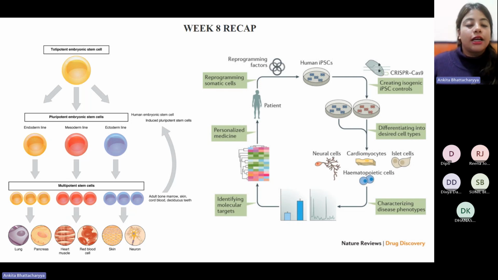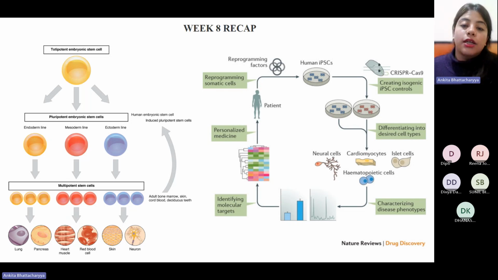The prime example for this is the hematopoietic stem cell, which can generate any of the blood cells present within the system. So that is giving rise to the multipotent stem cells. The clear difference between totipotent, pluripotent, and multipotent stem cells is something that you must keep very clearly in your mind. So how is it being used in the context of research and for biomedical applications?